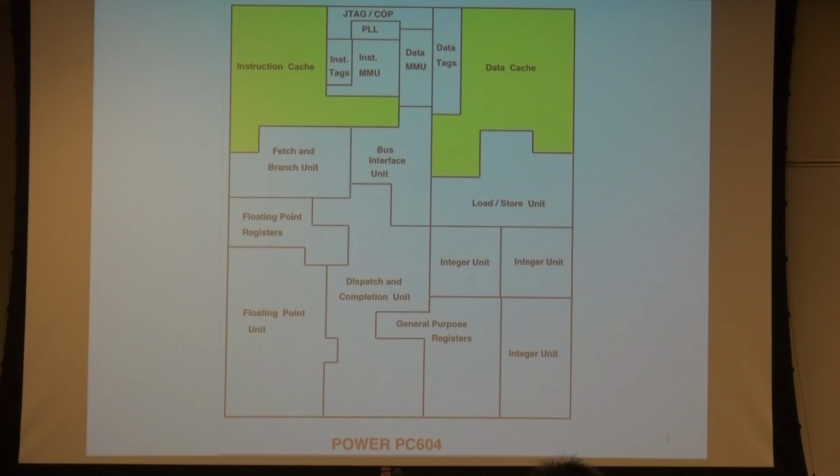And we will talk about the execution unit, which is the part of the integer unit. But then it has also floating point and other features which you are not going to do. Fetch and branch unit we'll talk about later when we talk about the program counter, instruction registers, and data registers.